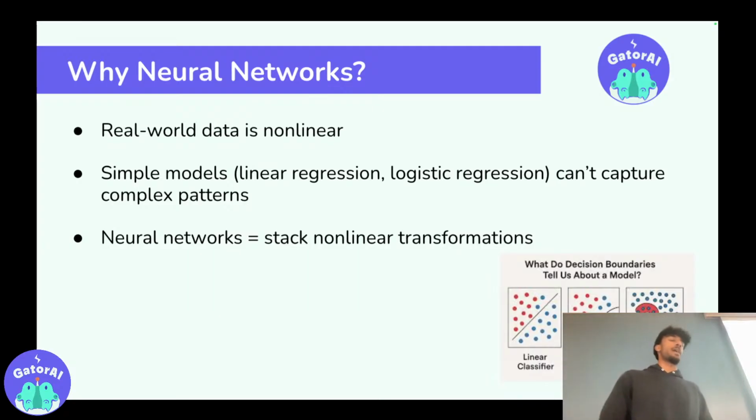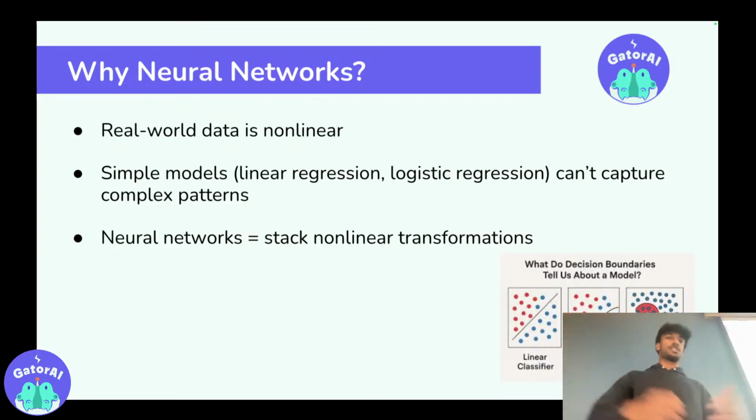They'll never figure out the pattern. Neural networks solve that problem by stacking multiple nonlinear transformations. Each layer learns to represent the data in a slightly more abstract form. The first layer learns the edges, the second layer learns the shapes, the third maybe combines the shapes into objects, and by the end, the network has enough of an understanding to build up.